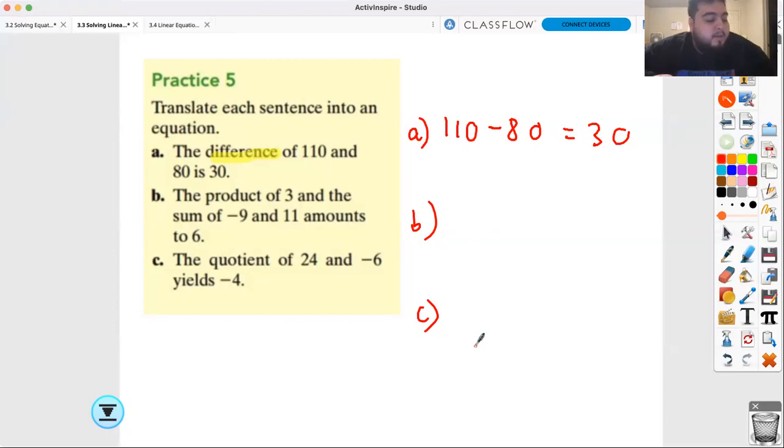Remember, these are practice problems, guys, so I'm not gonna work these out. Y'all have to give me the answers. So what do y'all think B and C are? Whoever wants to give it a try.